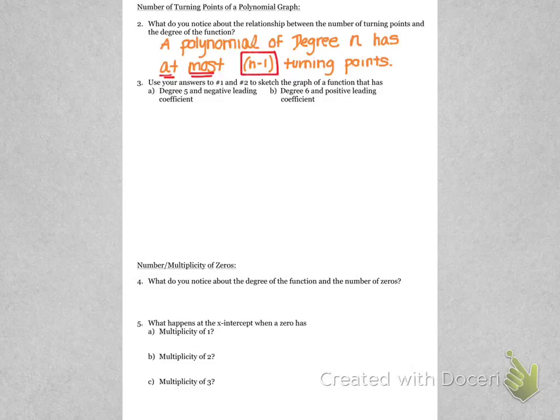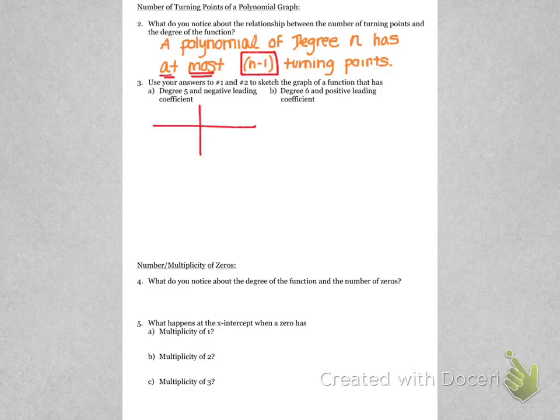So based off of what we found before with end behavior and now turning points, we're going to sketch a graph of the possible polynomials that are going to have a degree. We'll do the first one. So A says a degree of 5 and a negative leading coefficient. Okay, so here's my graph.